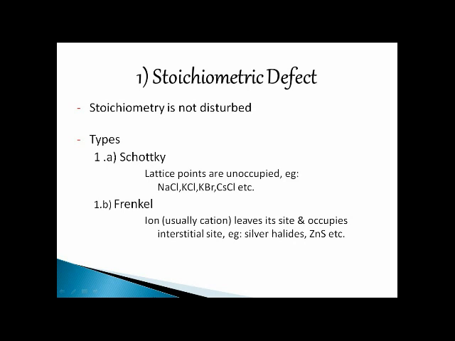And Frenkel defect. When we see about Frenkel defect, this defect arises when an ion leaves its site and occupies an interstitial site. Usually, cations are involved in the movements. Cations move from their original lattice site and occupy an interstitial site.